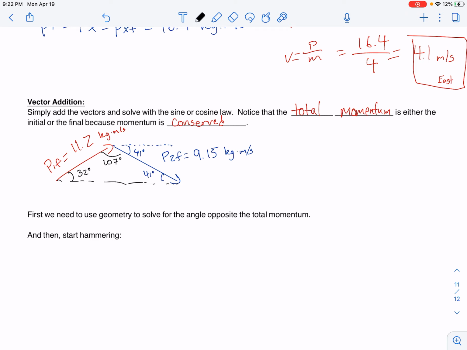So down here, this is going to give us our total momentum, which is equal to our final momentum, which is equal to our initial momentum.